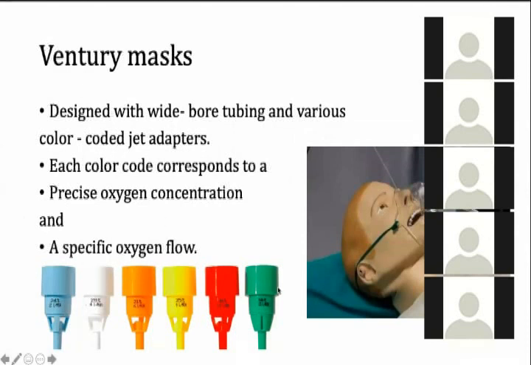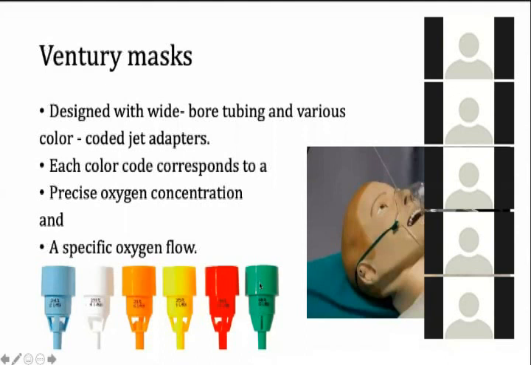Probably, isn't it? But you have not realized that it is a very sophisticated one until I tell you now. These devices are kind of color coded, and on the device it is stated the fraction of oxygen that is delivered to the patient.